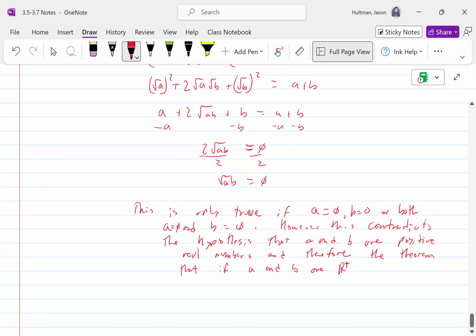I'm tired of writing positive real numbers. If A and B are elements of R positive, using a little notation here, then the square root of A plus the square root of B is not equal to the square root of A plus B. And thus we have proven that to be true.